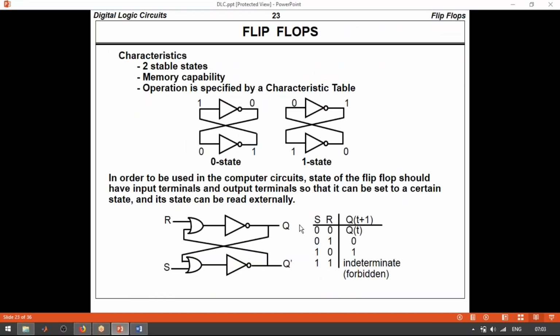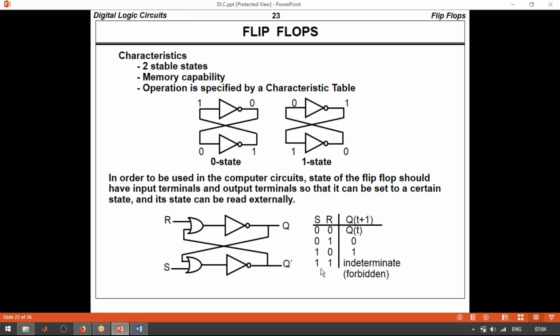Here, if you are seeing 0 0 means Q of t, and 0 1, 1 0. These three combinations are the same for JK, but the only thing is we are removing that metastability state. So here we are connecting this output to this side and this output to this side.